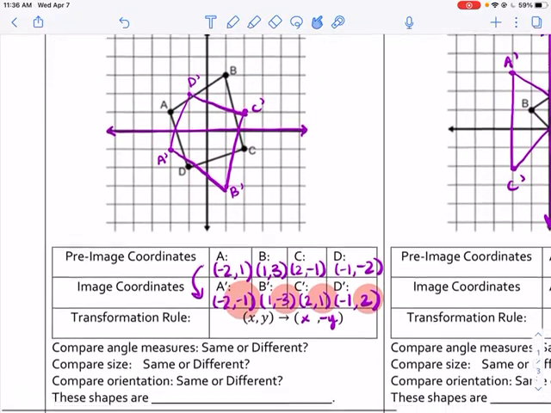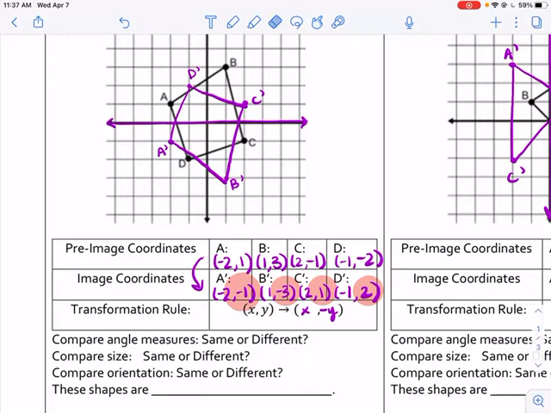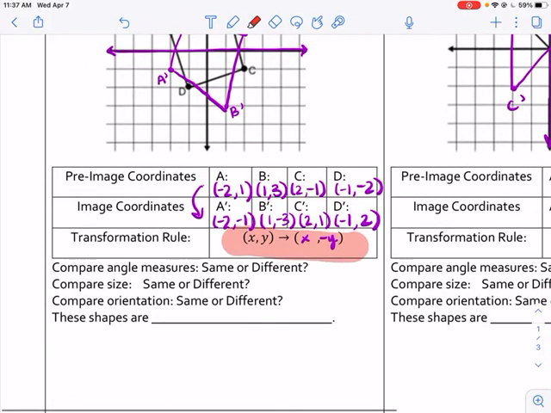And this will actually be the rule always when we reflect over the X-axis. It will always just change the Y coordinate and make it the opposite. So it might be helpful to remember that you just swap which way the Y coordinate is when you reflect over the X-axis.